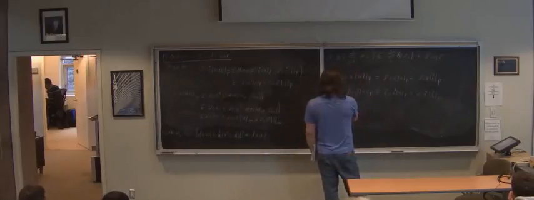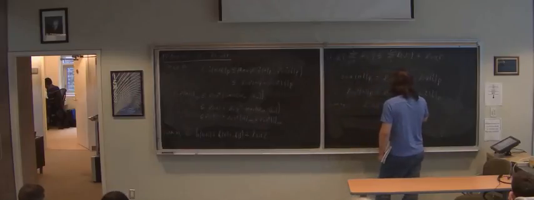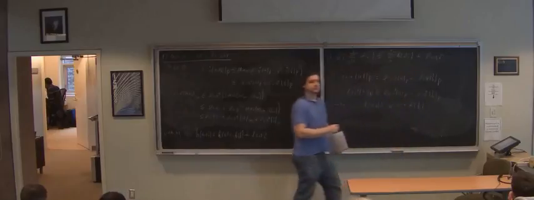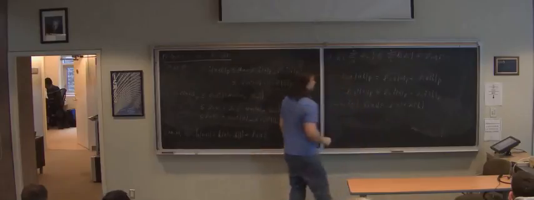And then if I sum, I get the height of A times B is at most the height of A plus the height of B. That's the second property.